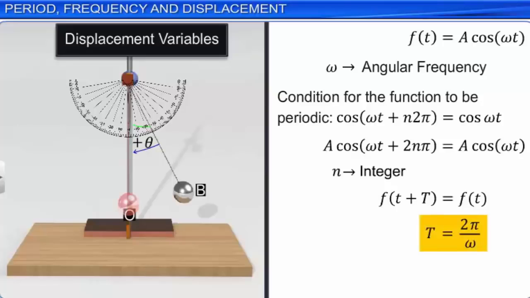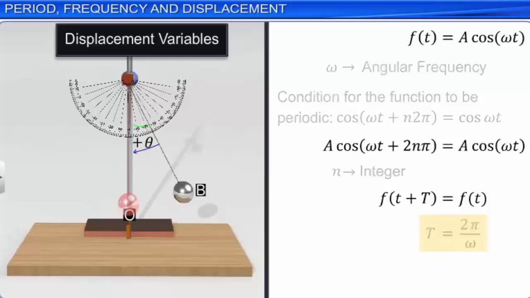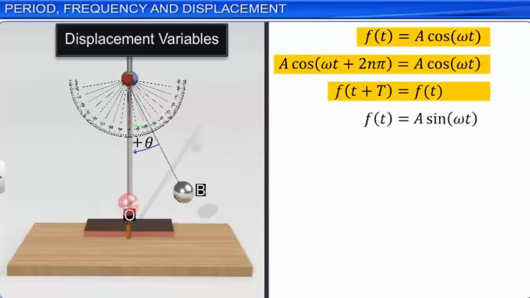The function f(t) = A sin ωt is also a periodic function, which implies that A sin(ωt + 2nπ) is equal to A sin ωt.